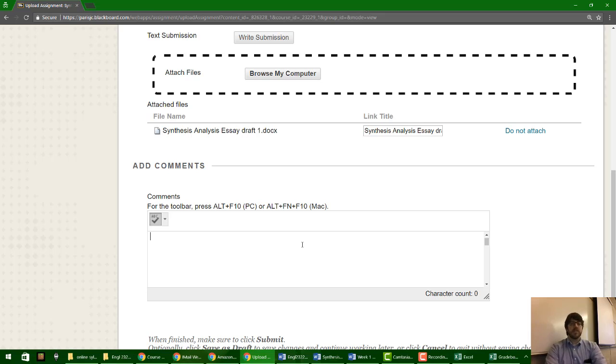Now, comments is just if there's something you want to tell me. I'm trying this first in docx format, or as Hayden told us today, docs format, to see if it looks right before trying the PDF.